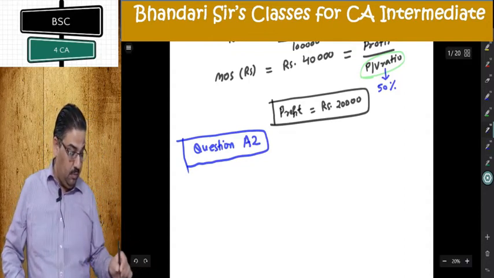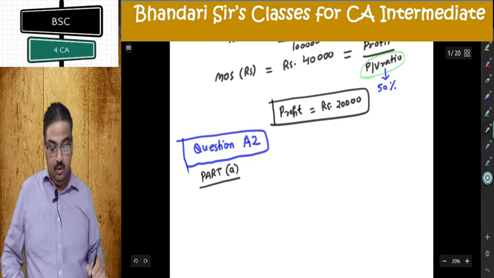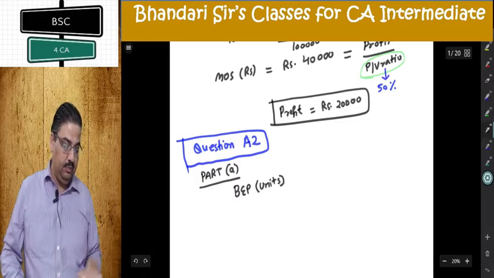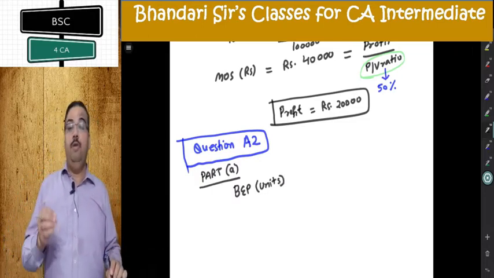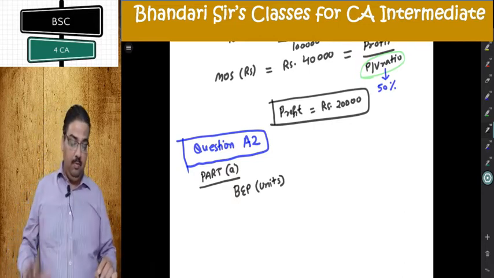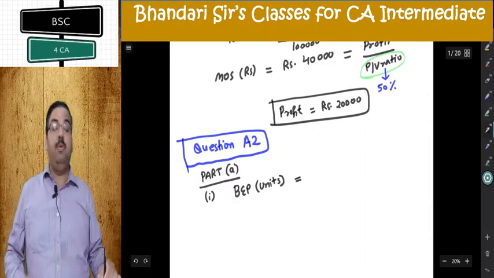I'm going to do part A. In part A also there are multiple requirements which I am going to deal with. First thing wanted is break-even point in units, then break-even point in value, then some profit or loss is asked. I'll go one by one. What is the formula of break-even point in units?